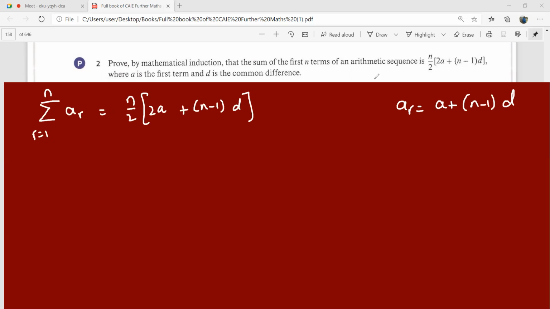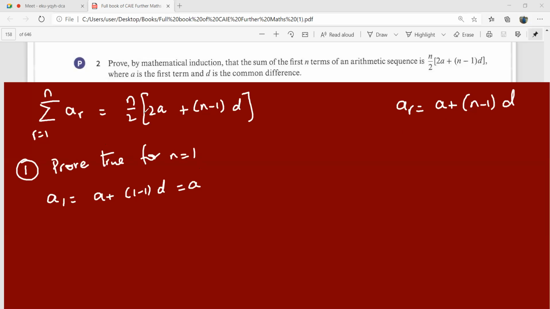ठीक है ना? So it says that the sum is going to be this over here. So we have to prove this. Your first step is always that you have to prove this true for n equal to 1. When you put n equal to 1 here, your a1 is going to be a plus 1 minus 1 into d, so that is a.